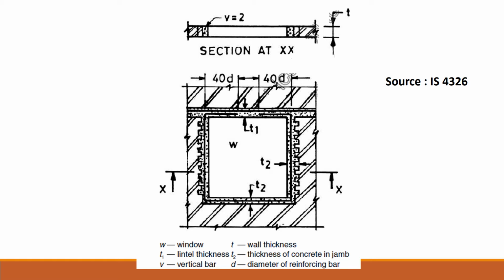In this figure, one can see that the reinforcing bar is provided in the concrete. The concrete is thick T1 at the lintel level and T2 at the jamb level. It's also thick T2 along the vertical sides, which are the jambs, as well as at the sill level, which is at the bottommost.